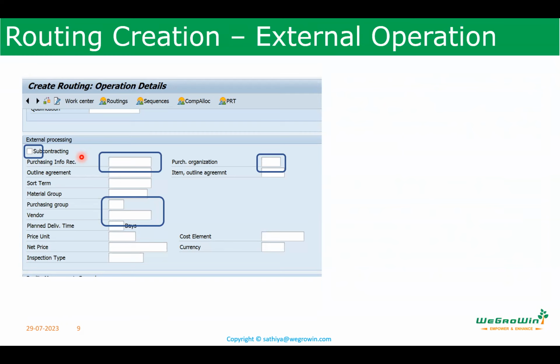Sir, one question, sir. For subcontracting, it's mandatory to bring the material into the stock as a first step, right? Right. Okay, sir. What was that? Sorry, I didn't understand. Bring the material into stock, meaning?